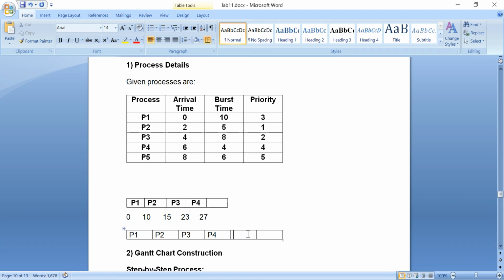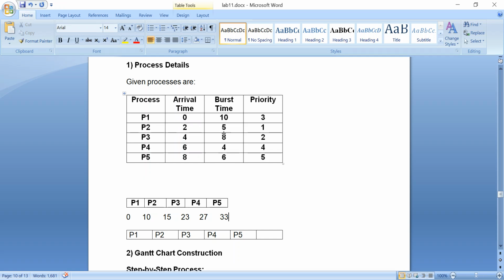And then at the end we have P5, which will take 6 seconds, so it will finish at 33. In this example we have a very simple scenario, where the priority is already given along with the arrival time, so it doesn't have any difficult part.